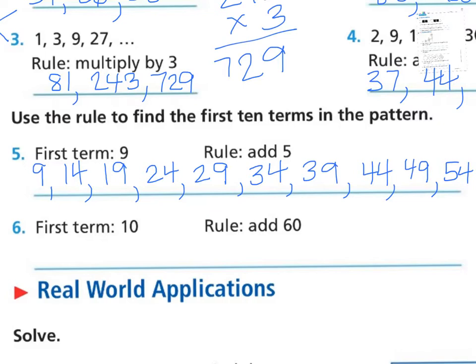So the next one, the first term is 10, and we're adding by 60. Whew, this one could get dicey. 10 plus 60 is 70. 70 plus 60 is 130. 130 plus 60 is 190. 190 plus 60 is 250.